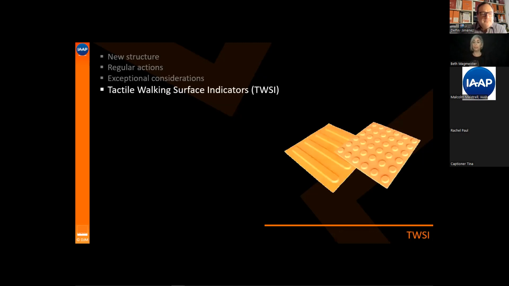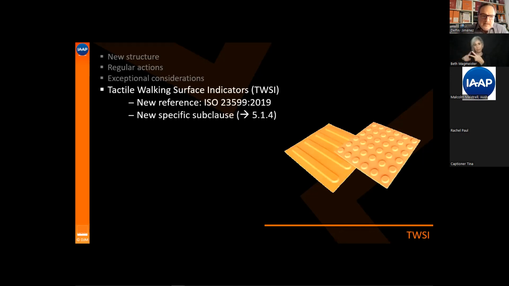Another thing is the tactile walking surface indicators. Now in the new version, you can find a new reference to the specific standard about this, and you can see a new specific subclause for tactile walking surface indicators, 5.1.4. Also, the annex about this was revised.